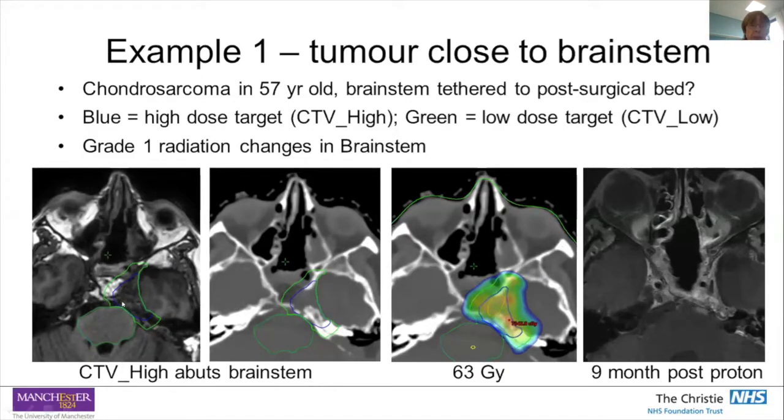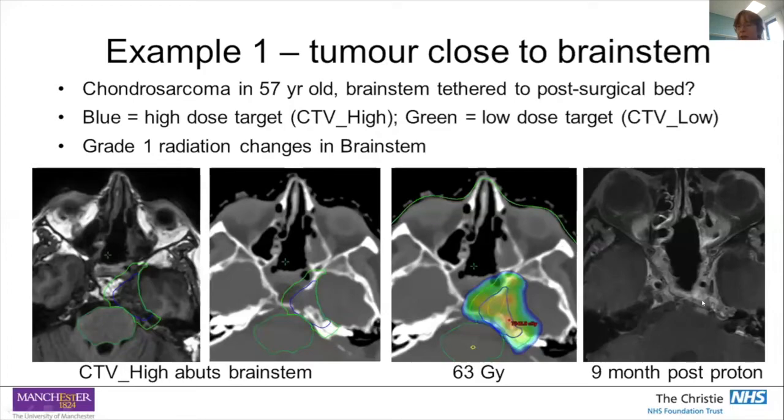And both of these abut the brainstem, which is not unusual actually, that perhaps a tumour doesn't abut, but that because of previous contact, our radiotherapy volumes do abut it. But here, because we have actual tissue right up to the brainstem, it's really important that we do cover that and we get radiotherapy dose right up to that interface to cover as much as possible of that high dose volume.